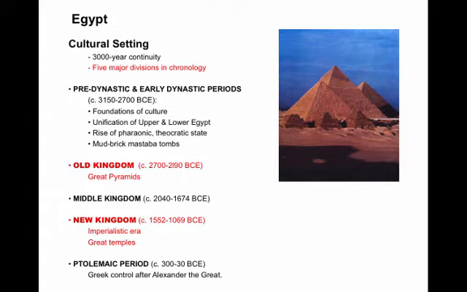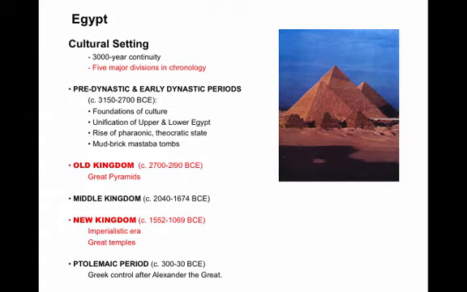Then there's Middle Kingdom. Nothing happened. If you're an Egyptologist, you care about Middle Kingdom. We don't. They made a couple pyramids and they fell down because they lost the technique. And then New Kingdom is the period of the great temples. It's the imperialistic period. It's the period of Ramesses II, who had great conquests.